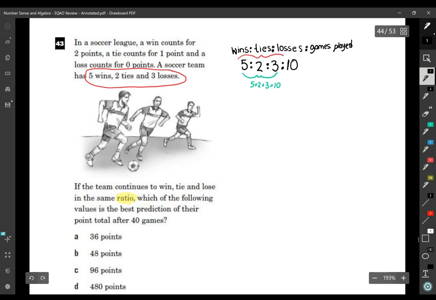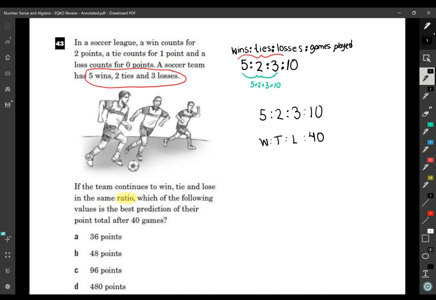So I'm going to go 5 to 2 to 3 to 10, and I want to change this into a ratio of wins, ties, losses with 40 games played. That's my goal. How many wins, ties, and losses have they got when they've played 40 games in total?